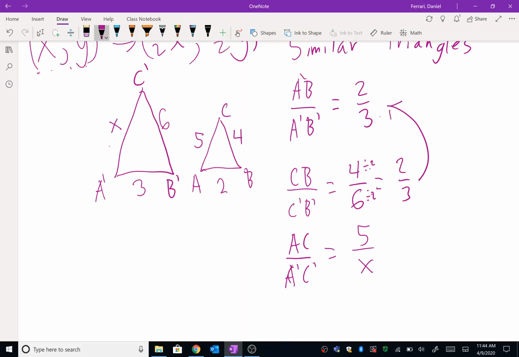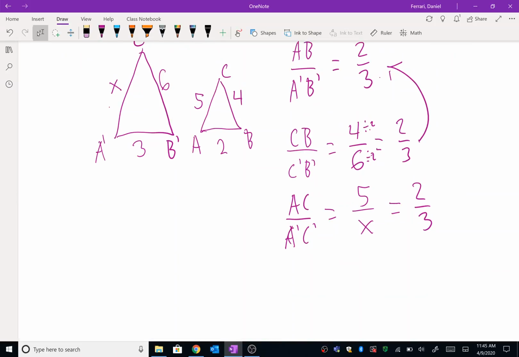But based on the conversation we had earlier, I know that this has to equal 2/3. So from there, I can actually answer this problem. If you remember, the easiest way to solve a problem where two ratios are equal to each other is just to cross multiply.